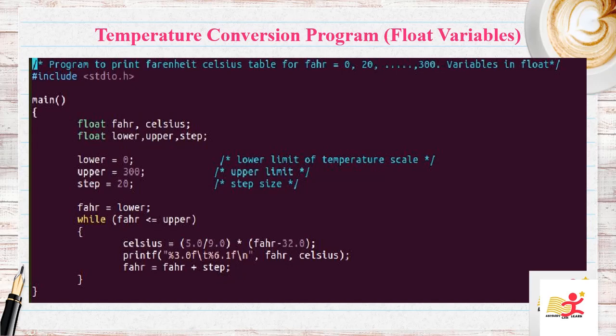Now, while Fahr less than or equal to upper also works in the natural way, there also int is converted into float before doing the operation.